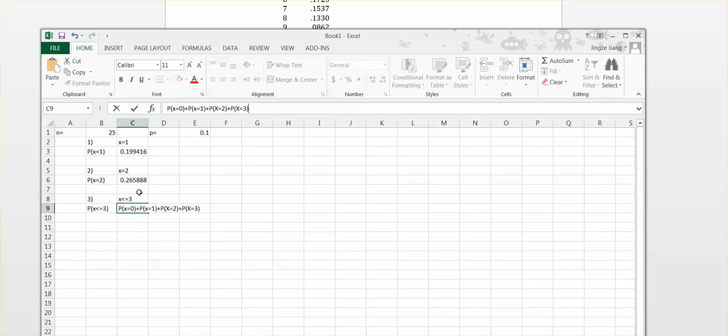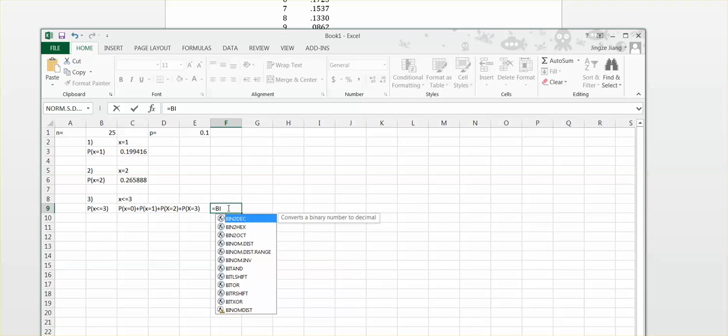If we add these four probabilities together, we will get the probability x smaller than or equal to 3. We can also consider this question as asking for the cumulative probability distribution from the smallest value of x to the maximum value of x equal to 3. First let's use the first approach, which means we will calculate x equal to 0 to x equal to 3.